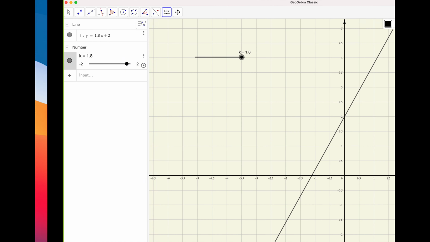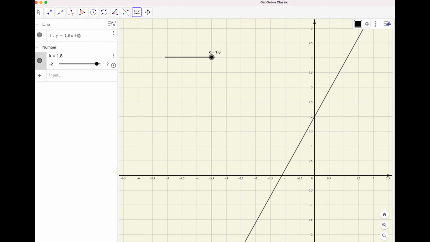If I go to GeoGebra back, you see I am not changing this 2. For all these lines, this number is fixed. What I am changing is this number. So it means that all those lines have to pass through this point, because the y-intercept of all these lines is exactly this point.